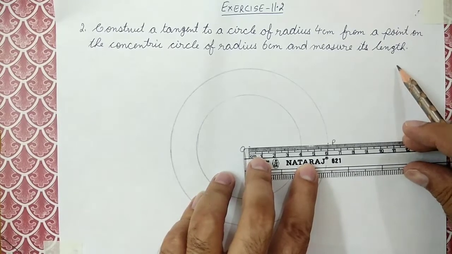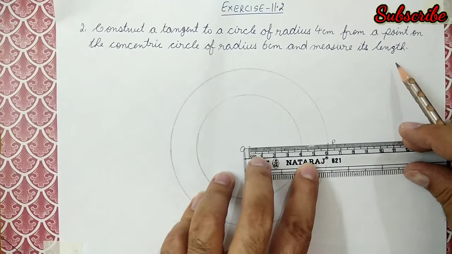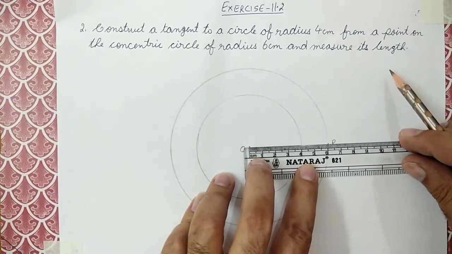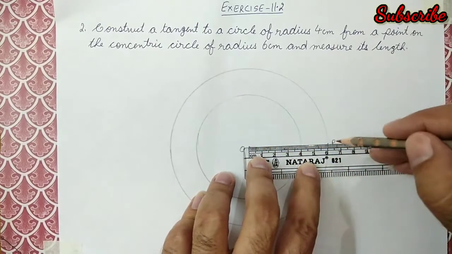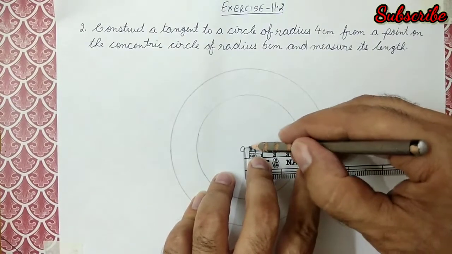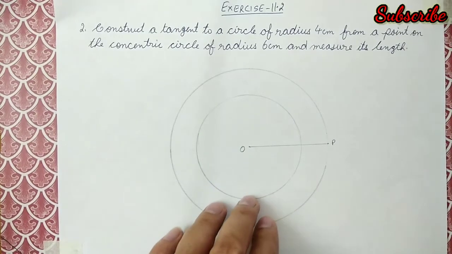You have to be very careful while joining the points. The pencil should be exactly on the point. It should not go anywhere else because you can do some mistake also. And make the line with a very light hand, not with a heavy hand. So I've just joined the point.